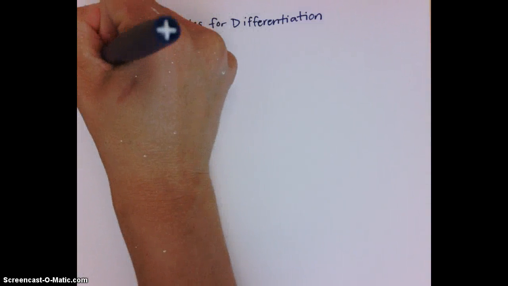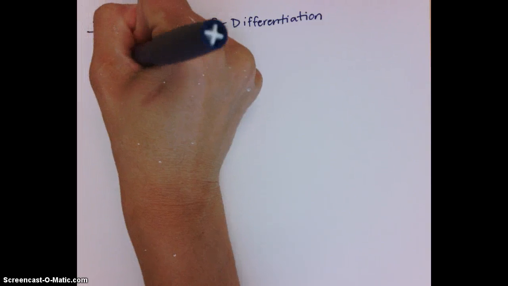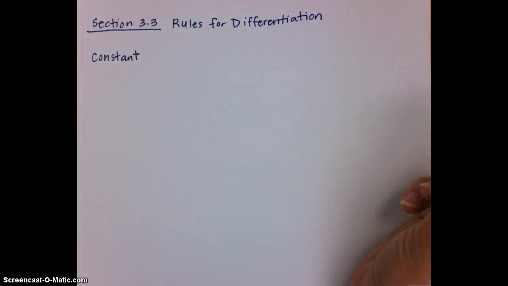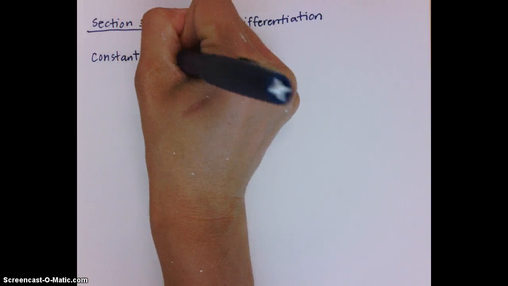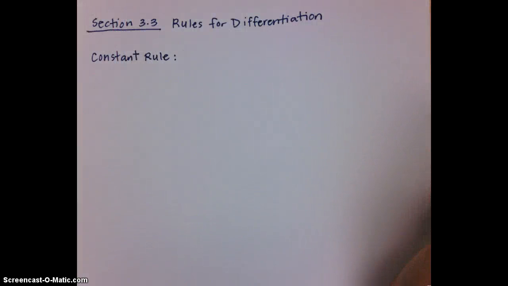So here are some basic rules for differentiation or finding the derivative. First of all, we have the constant rule. And hopefully remember that the constant is a real number that is typically multiplied by a term. But in this case, a constant can just be a single value as well.